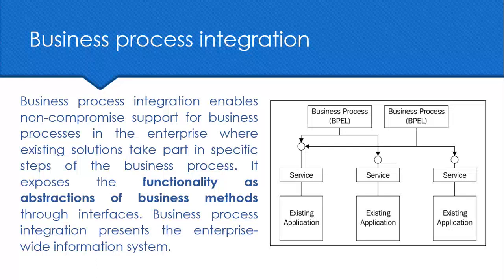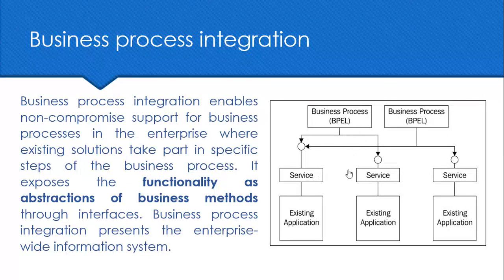But business process integration is within the business itself. Existing applications render services in different stations or different departments in a single organization or business, and then this data or services are shared.